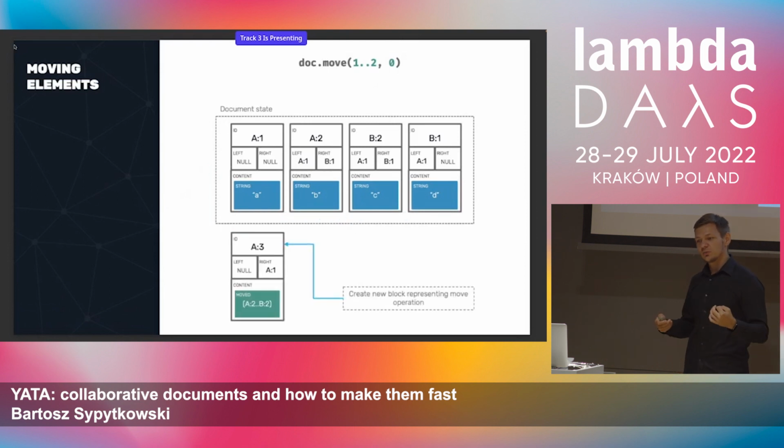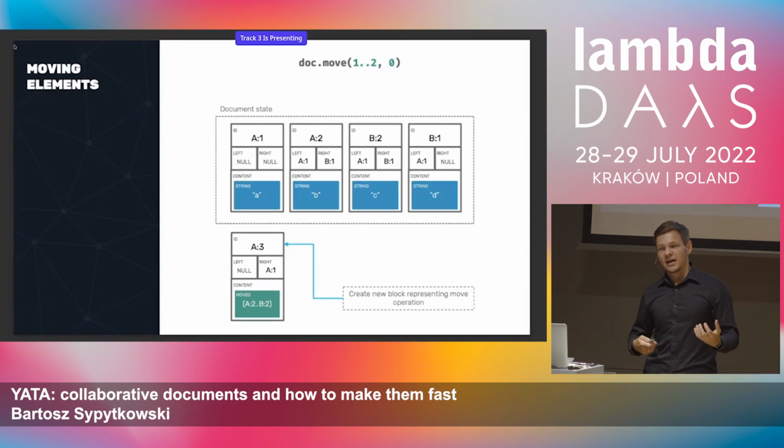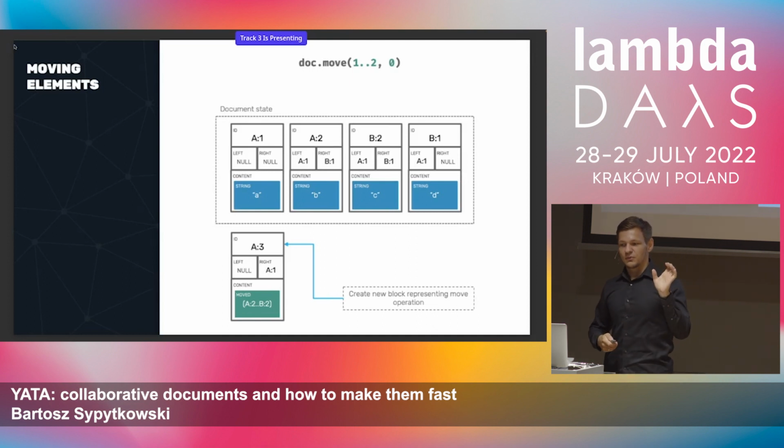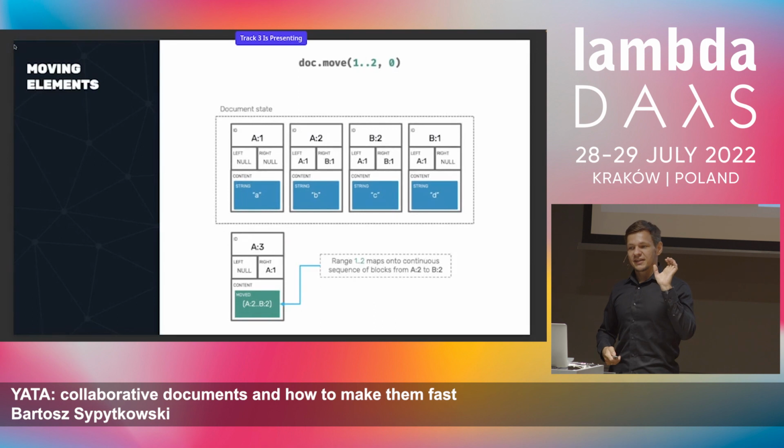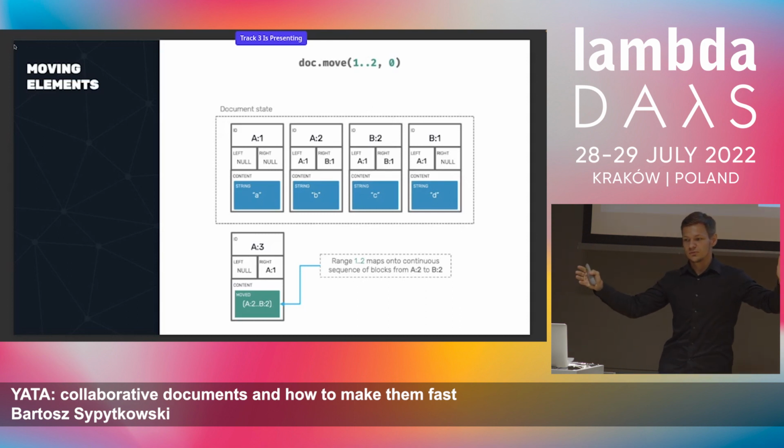We are creating a new block of a different type, which describes this move operation. And since we don't trust indexes because they are changing, we are replacing those indexes with block IDs. So we are creating a new block with a new ID. We are saying that this block is about to move a continuous range of blocks starting from A2 to B2.